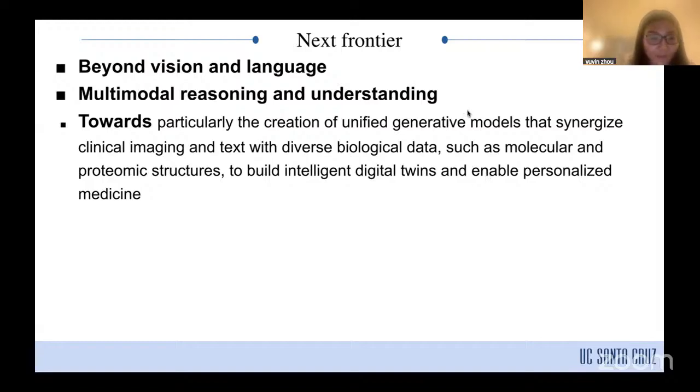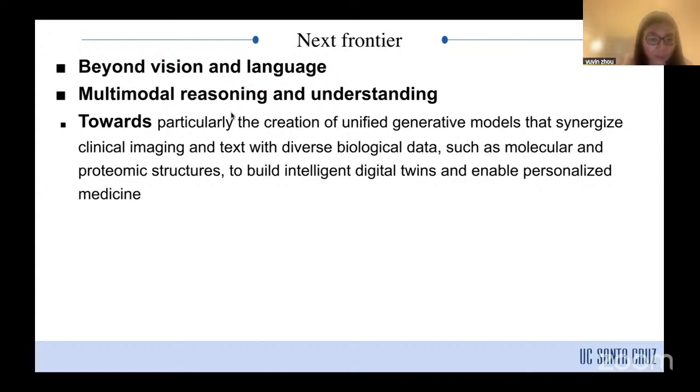I want to take a final minute to talk about my vision of the next frontier in the biomedical domain. I think vision and language are just 2 aspects of the medical domain, and definitely it's not enough to capture everything that a clinician needs to understand a patient's profile.